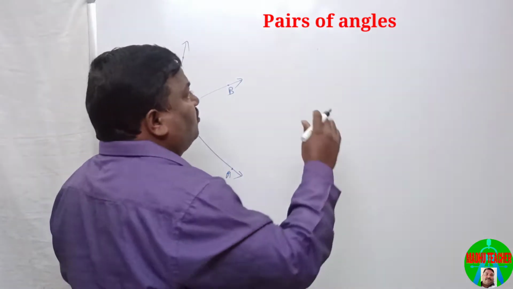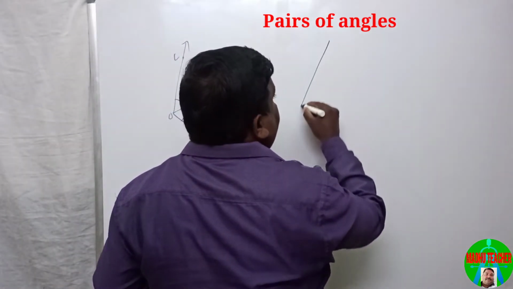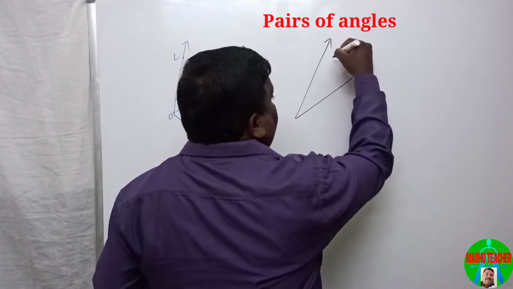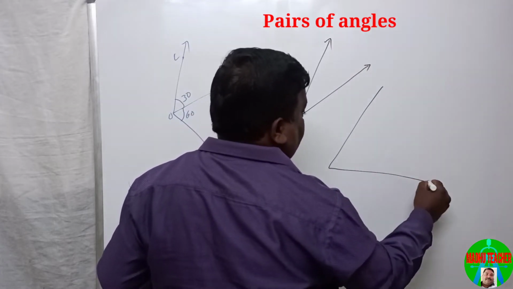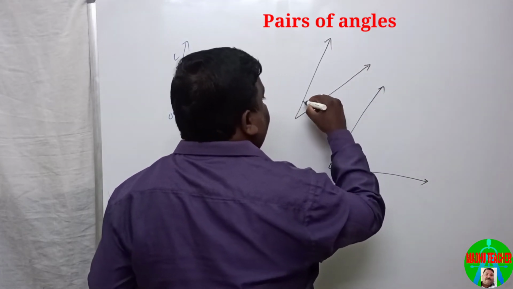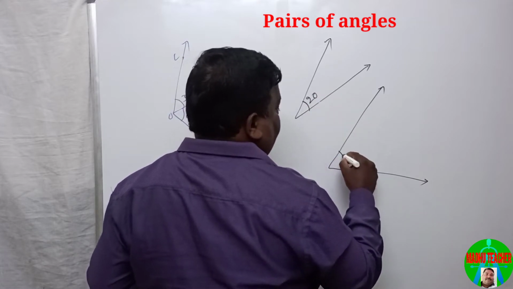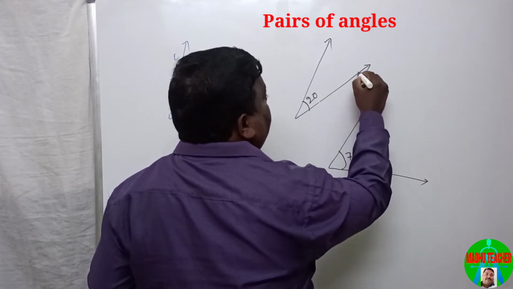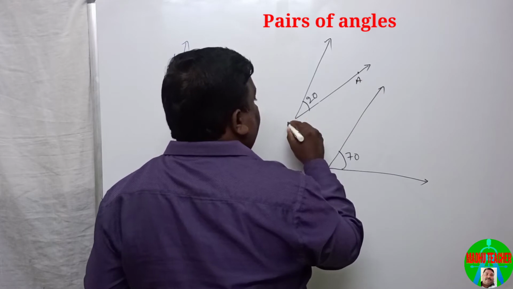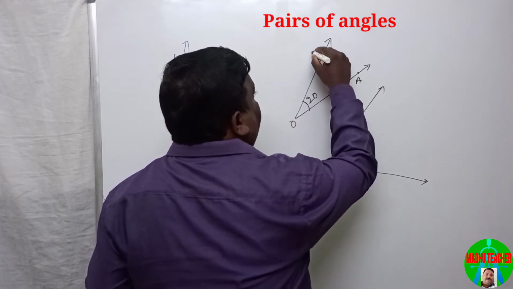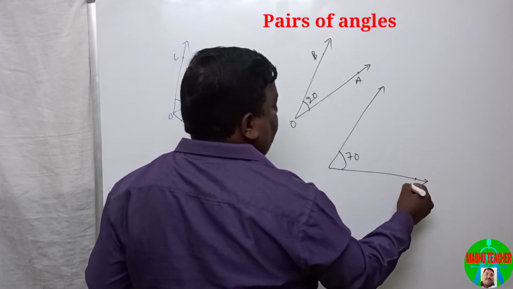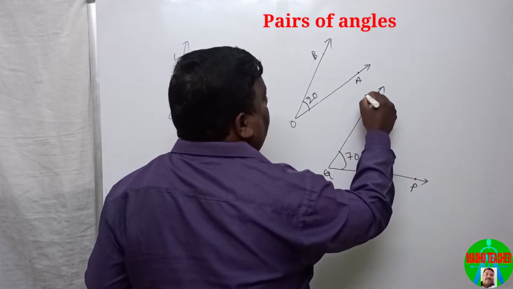And I have one more pair, 20 degrees and 70 degrees. Let it be AOB and PQR.